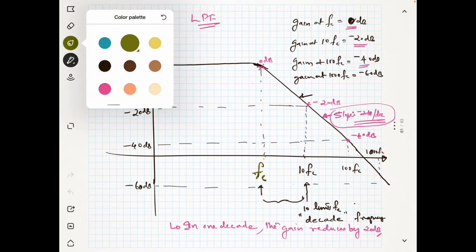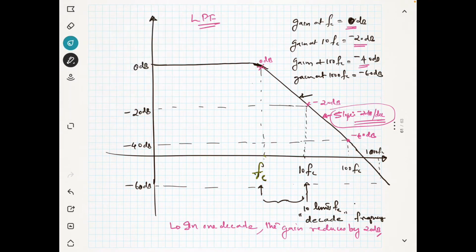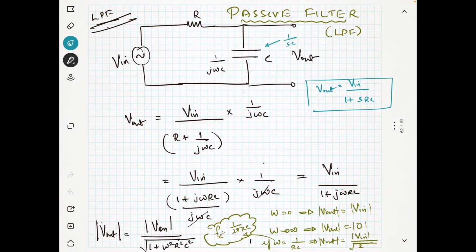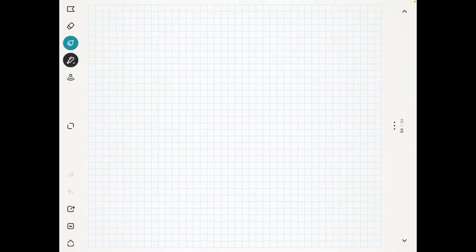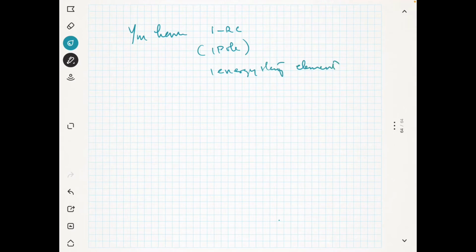But there are some other cases also. Here you are using only one capacitor, that means one energy storing element. I will say you have one RC, or one pole, or one energy storing element effectively.